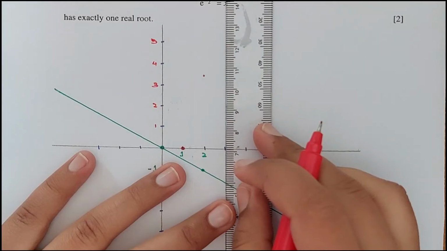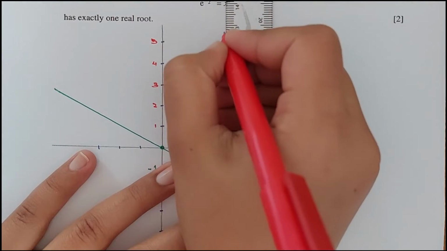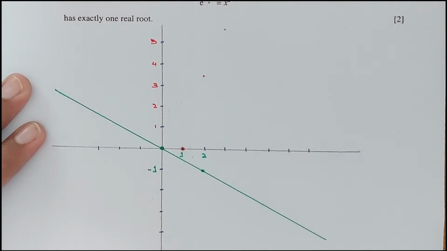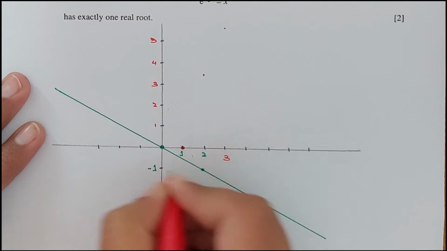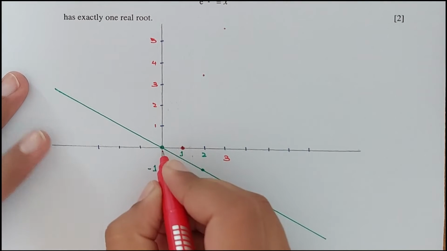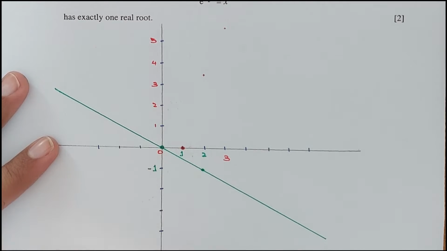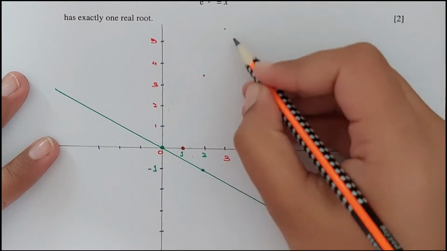When x is 3, y is 5.5, more than this. Okay, let me connect the points, and we know that when x is 0, the y value is undefined, going to infinity, right. So let me connect the points to get the sketch.